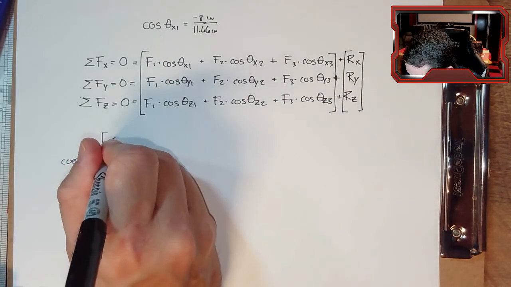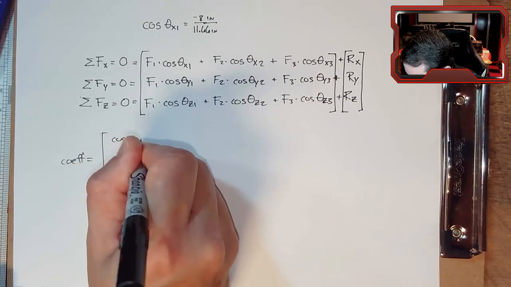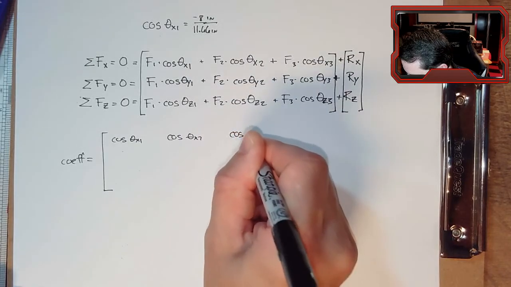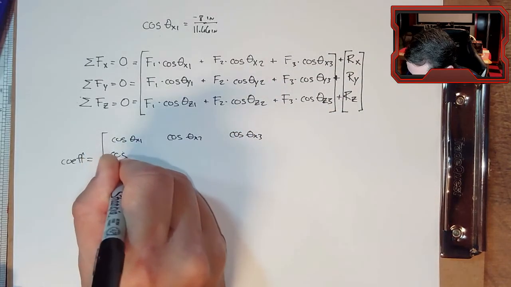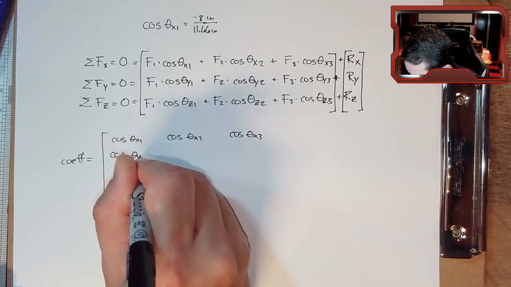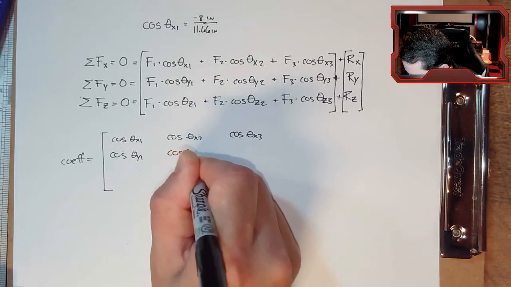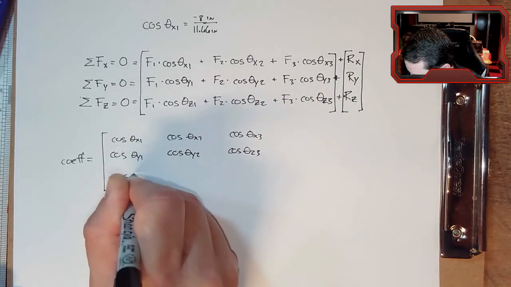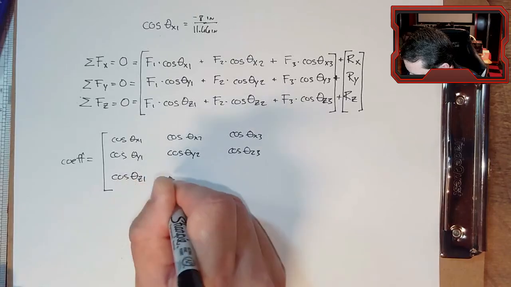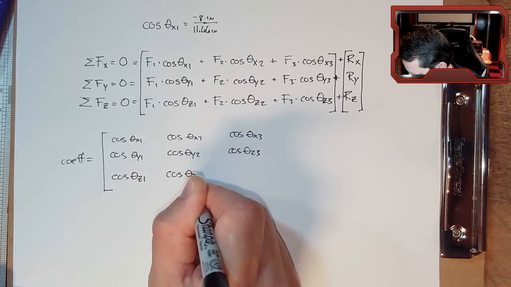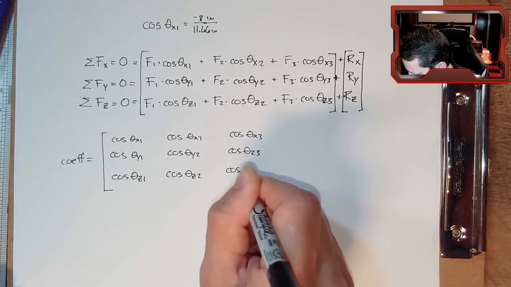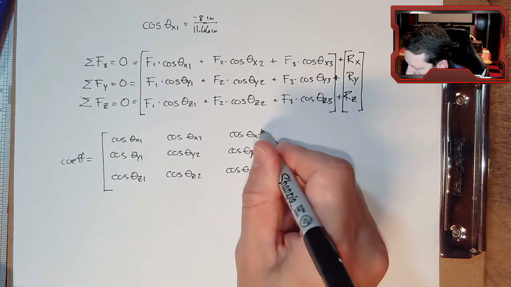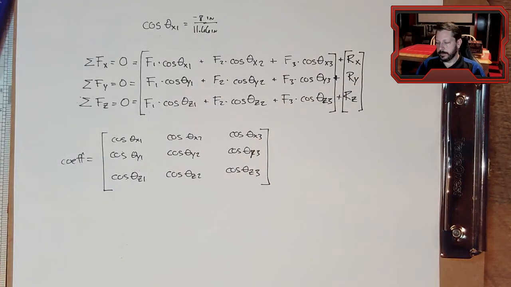So here I would have cosine of theta x1, cosine of theta x2, cosine of theta x3. So I'd have all these cosines, right? I think I put a z there, it should be a y. So that's my coefficient matrix.